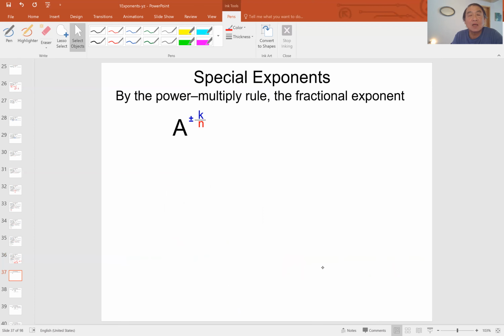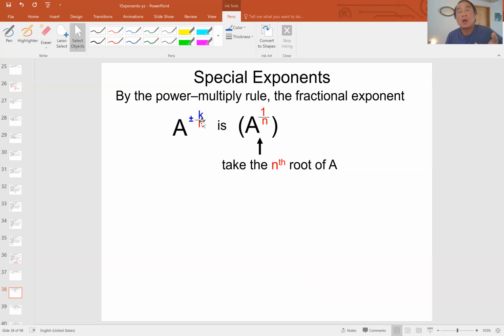How about these combinations of everything? Well, how do I read these fractional powers? In this case, we start out by reading the root first. Always start with the nth root. After you take the nth root, then raise it to the kth power, plus or minus.